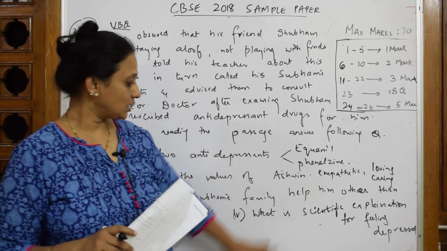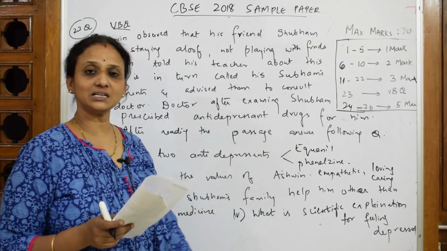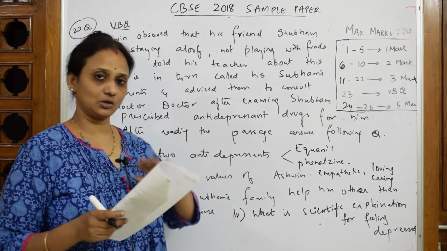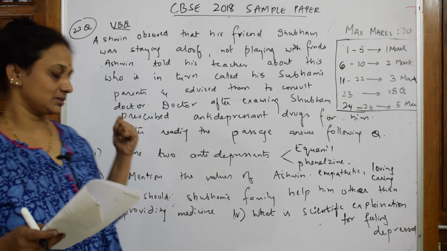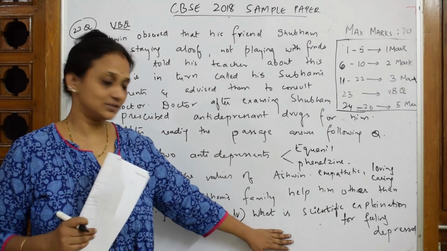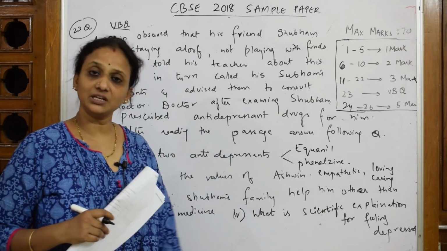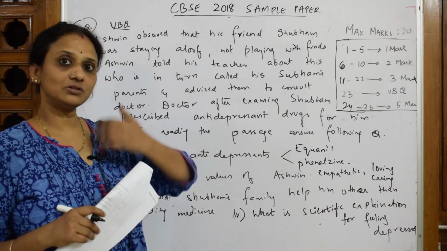Now the last question, what is the scientific explanation for feeling depressed? So basically, when the level of noradrenaline is very low in our body, what will happen? If the amount of noradrenaline is very low, the person goes to a condition called depression, because signals will not reach the brain.